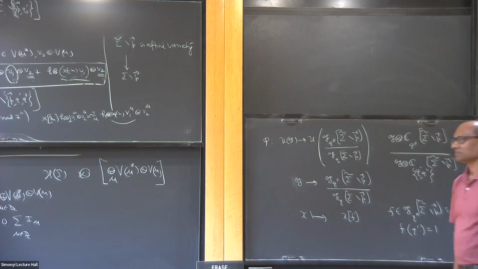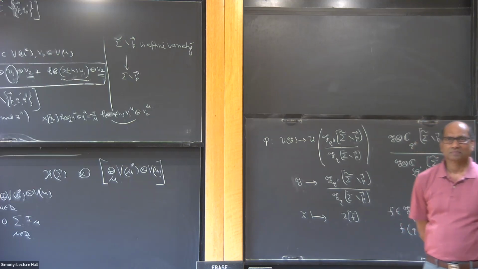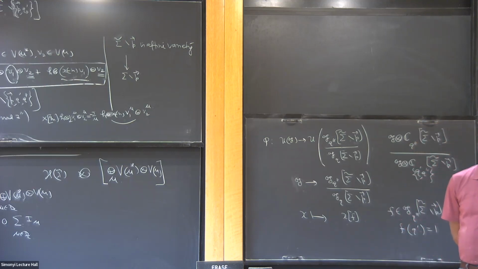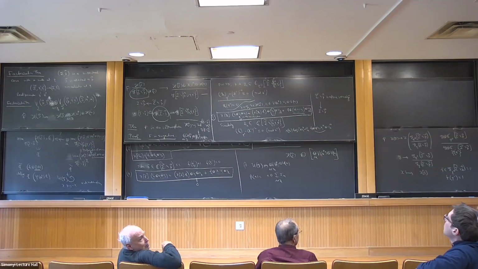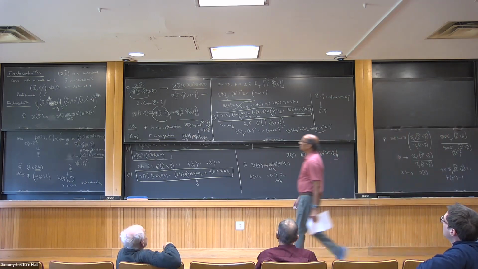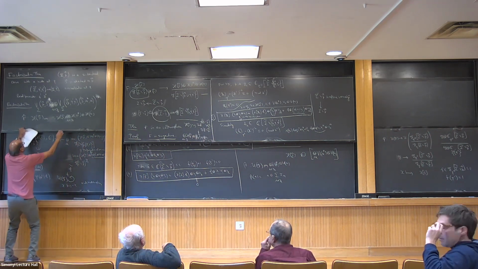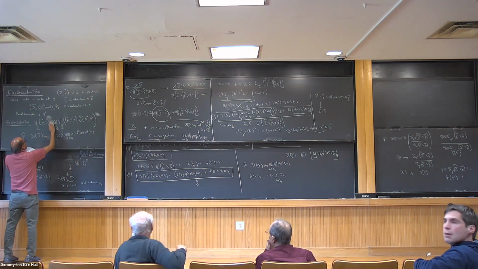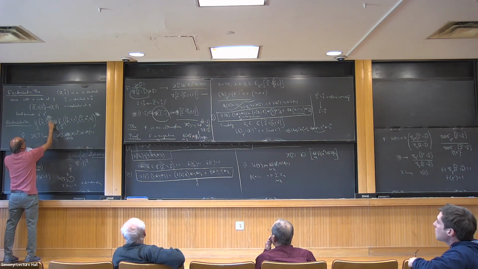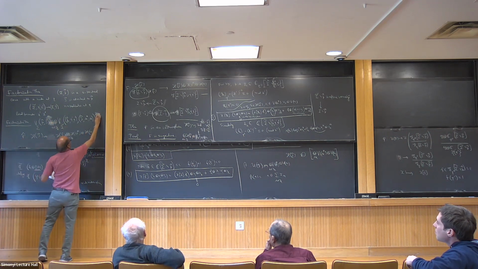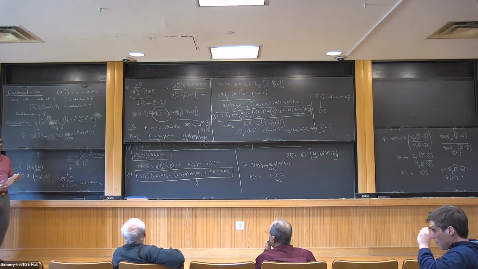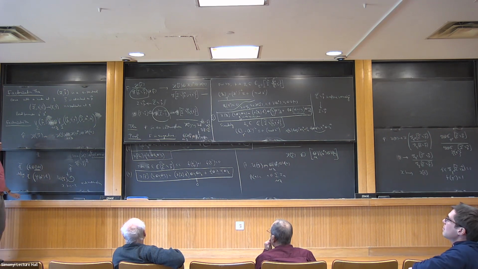So let's start with the H lambda tensor V mu coinvariant module. And now you are asking if there's a map in the opposite direction.